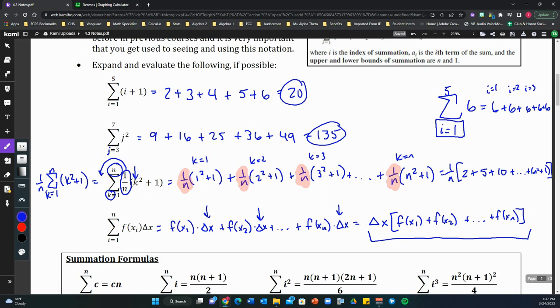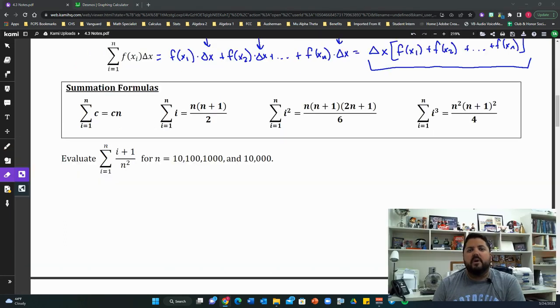So what's going on here is we're just finding the total of all those heights and then multiplying by the common width. It's just another way of representing the same pattern or structure that we saw last time around. Now we're going to take a look at ways to speed up this summation process.